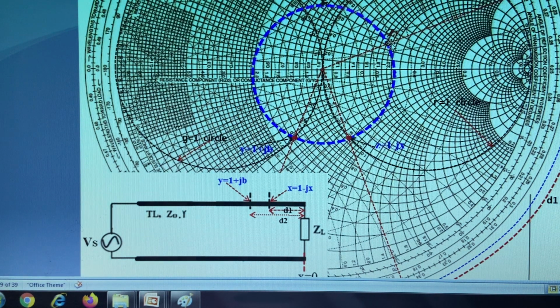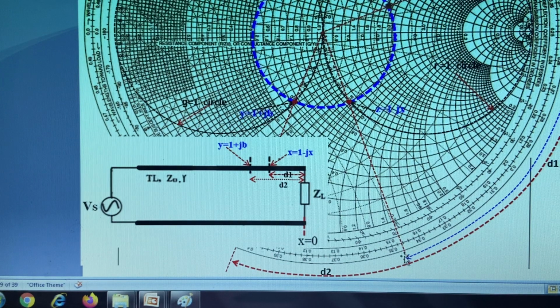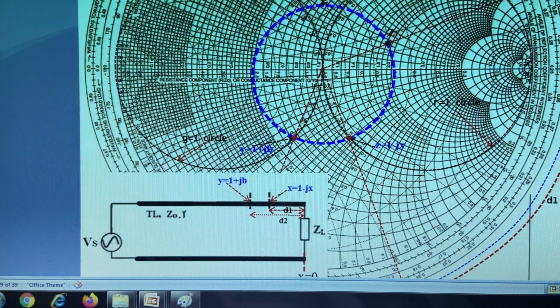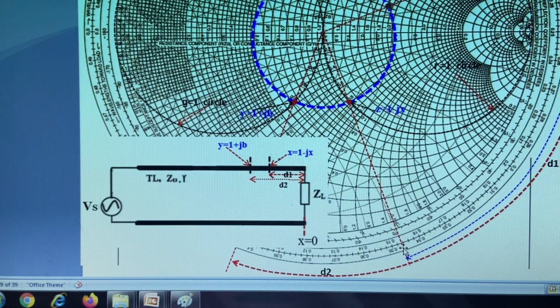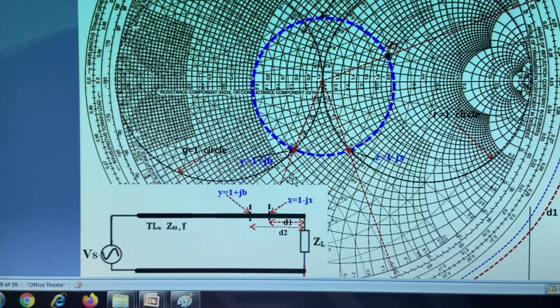Because as you move from the load, you just travel over a VSWR circle and stop wherever it intersects the R is equal to 1 circle, and draw a line passing through that point up to the distance scale. Measure the distance from the load point to this point, that gives the d1.